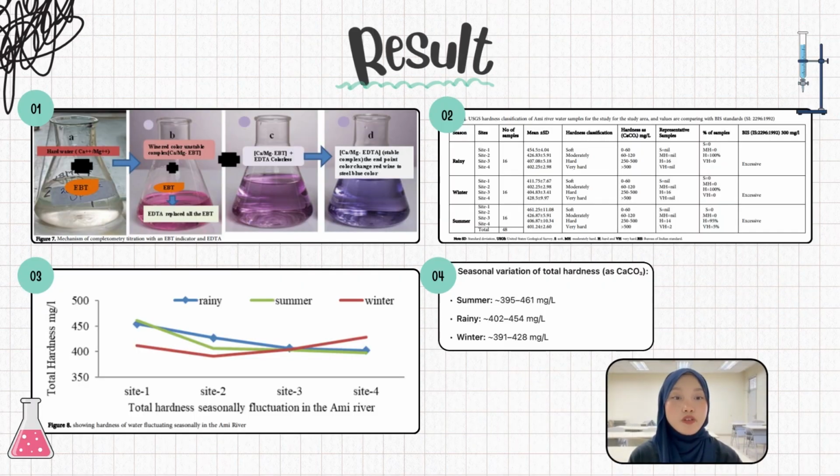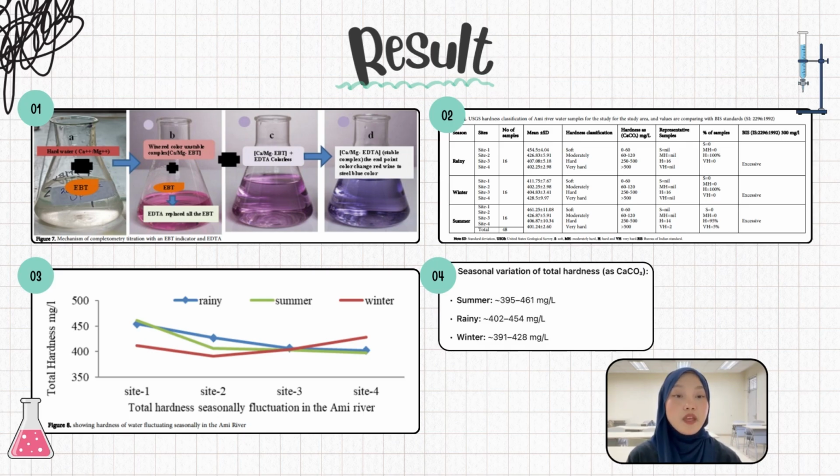This slide shows the result of total hardness analysis of Ami River water determined using EDTA complexometric titration, including the reaction mechanism, seasonal variation, and hardness classification. The first photo illustrates the mechanism of complexometric titration using EDTA and EBT indicator.